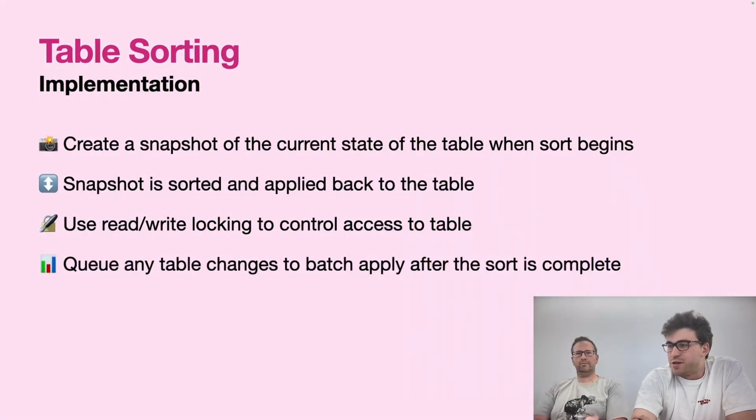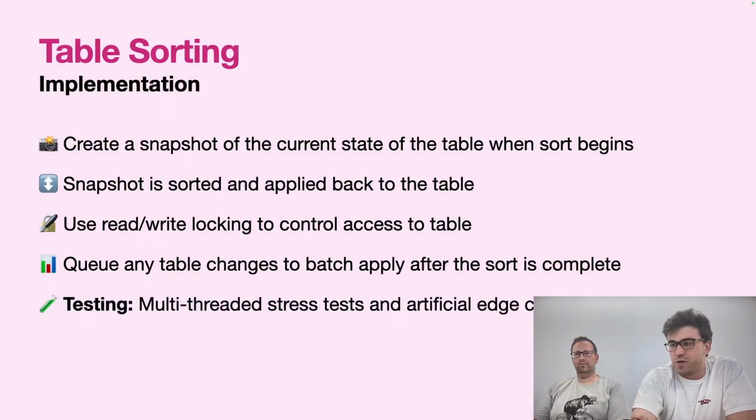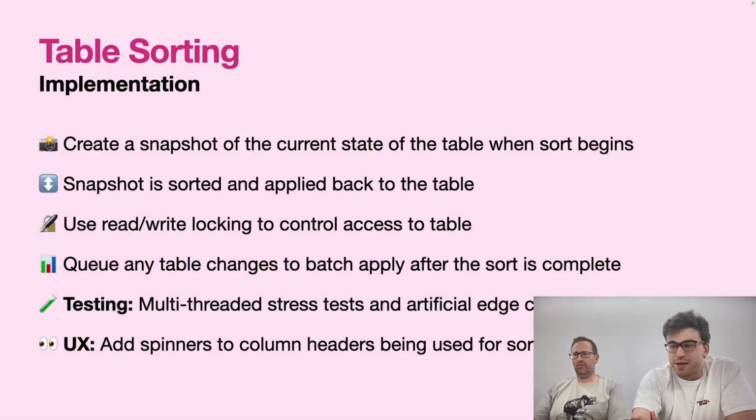The write operations are queued to apply in a batch after the sorting is completed. And to ensure the reliability of these changes, we wrote quite a suite of multi-threaded stress tests and specific event orderings to test edge cases. Finally, we also surfaced the actual sorting operation in the UI using spinners in the column headers.